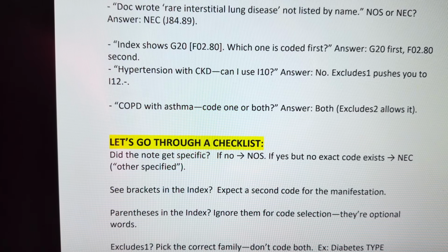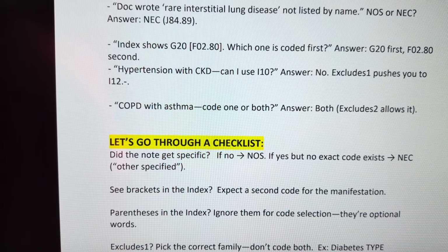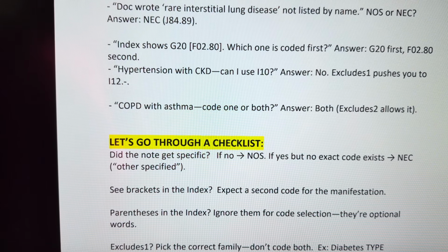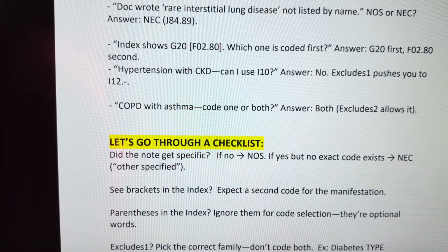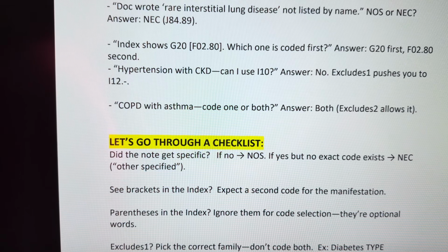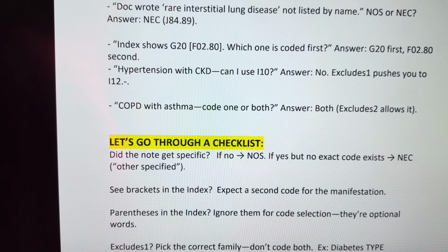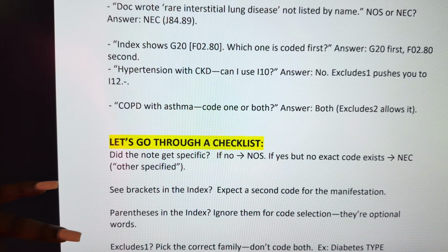Doc wrote rare interstitial lung disease, not listed by any name, but he did put a type of interstitial lung disease. Is that NOS or NEC? That's NEC because he named it. The index or the tabular just did not have a code for it. So it is truly not unspecified. It's just other specified.